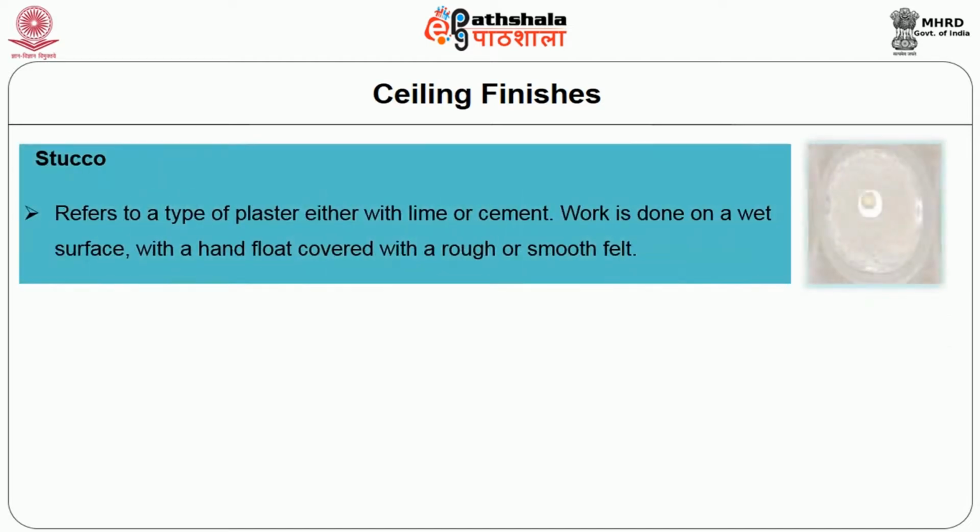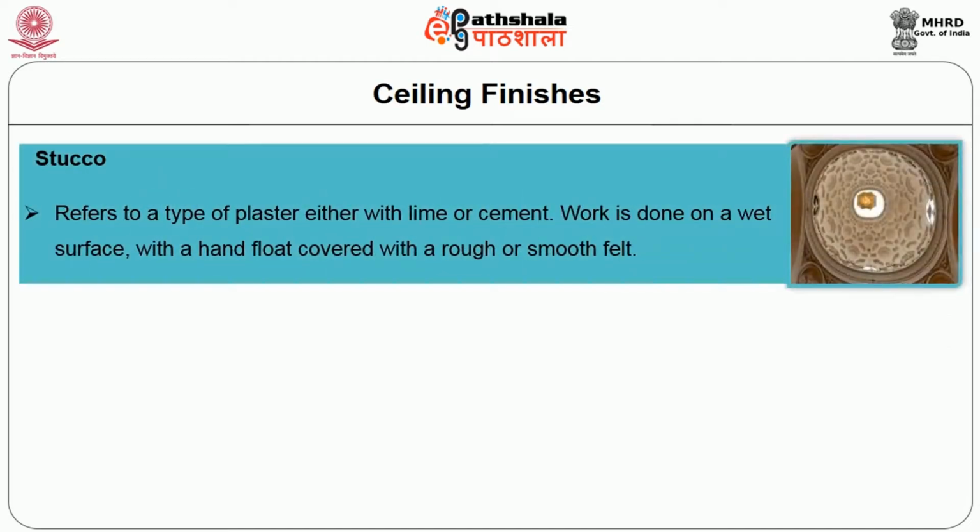Stucco. It refers to a type of plaster either with lime or cement. Work is done on a wet surface with a hand float covered with a rough or smooth felt.